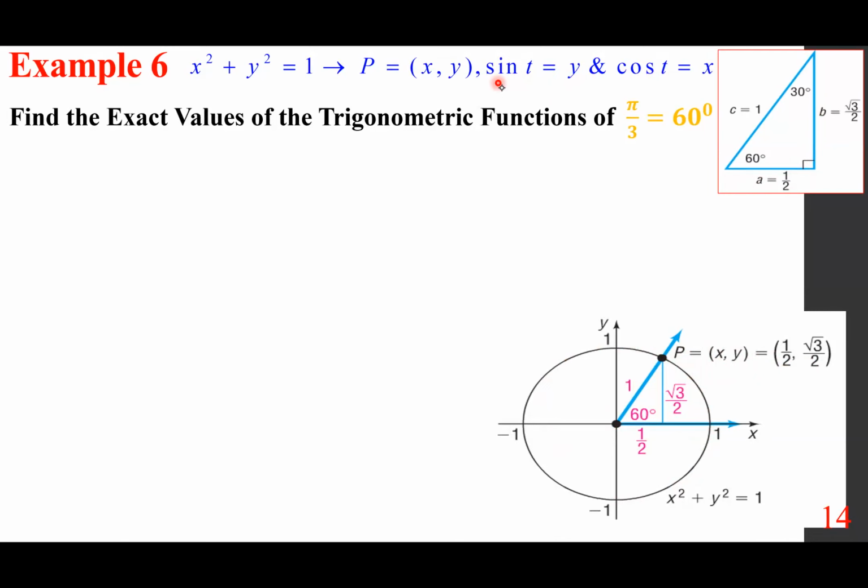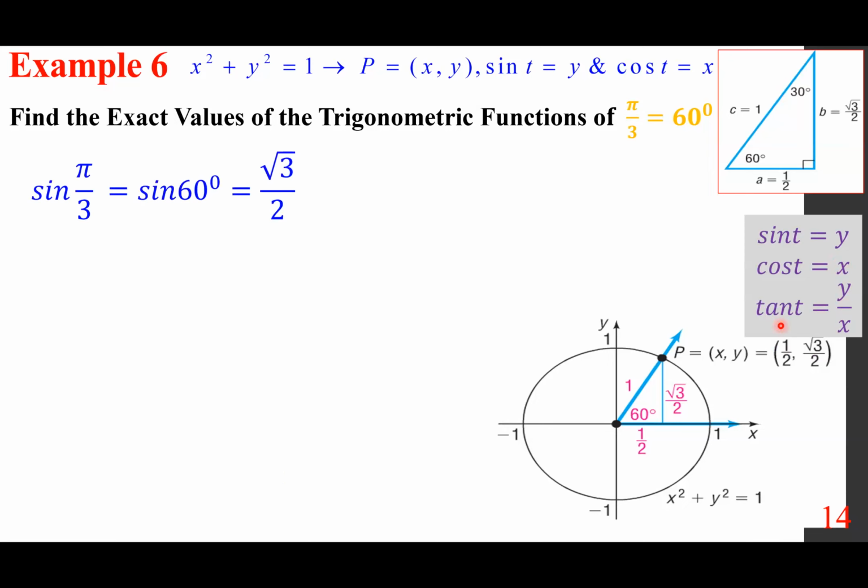So practically we have everything we are looking for. So sine is y, cosine is x, tangent is the ratio of the two. Therefore, sine of pi over 3 or 60 degrees becomes square root of 3 over 2. Cosine of pi over 3 or 60 degrees becomes 1/2.